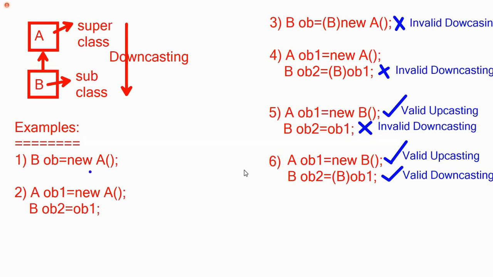Why are the first and second not valid? There is no upcasting and there is no explicit type conversion. Both are not there. It is invalid.